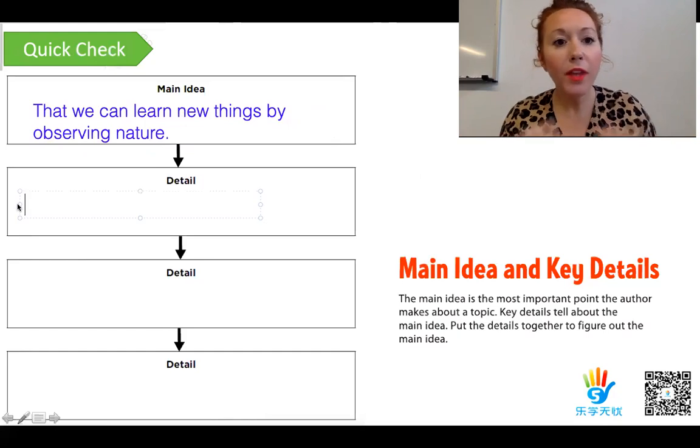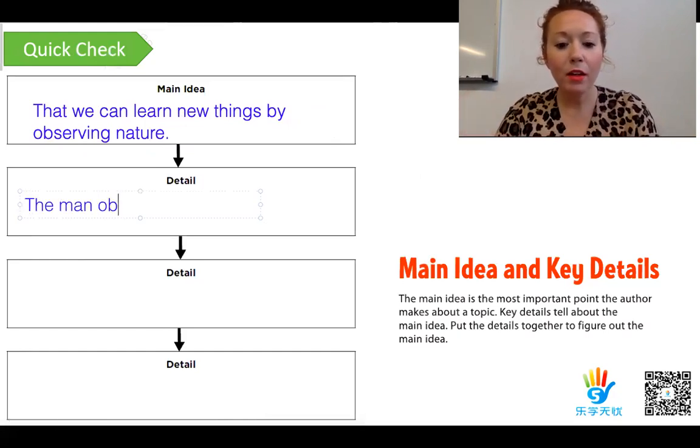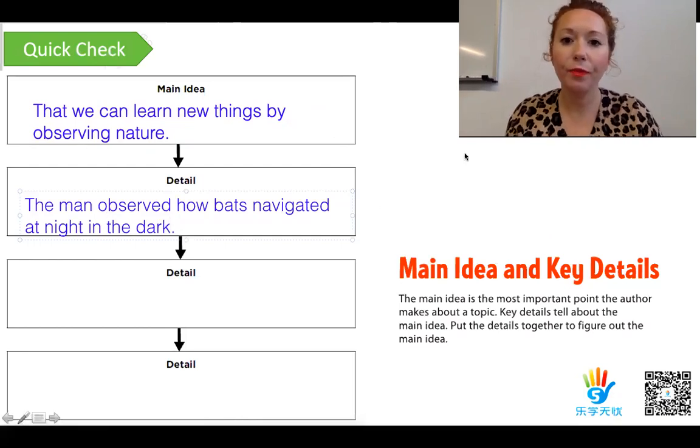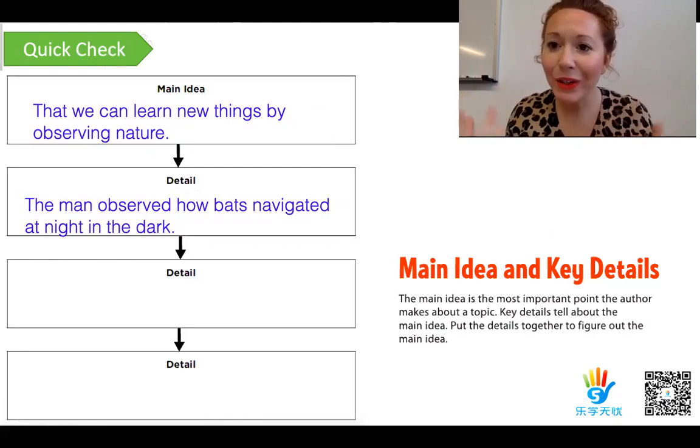Very good. So the inventor is observing bats. So the man observed how bats navigated at night in the dark. Very good. So he's studying to observe it. And what did the scientist learn as he is observing?